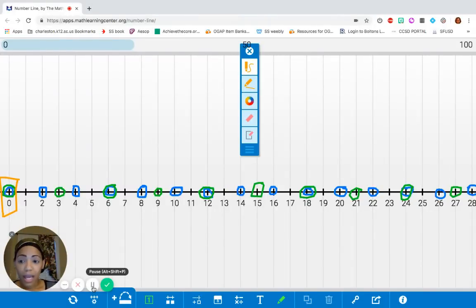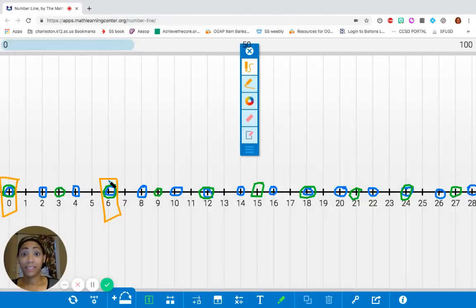0, 1, 2, 3, 4, 5. Here's 6. Remember, we're counting by 6s. Okay? So if you need to keep up with me as I'm going along, as you're thinking about what's the next 6 going to be, please do so.